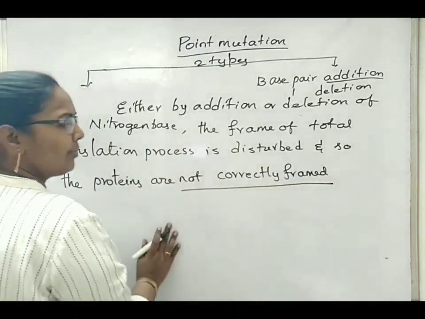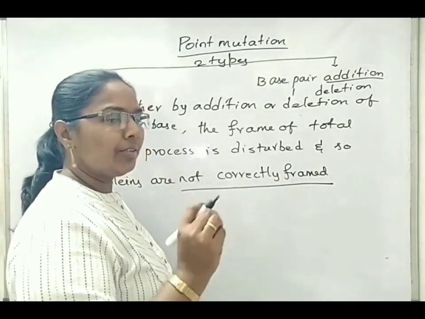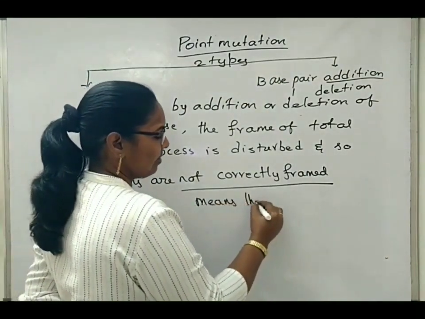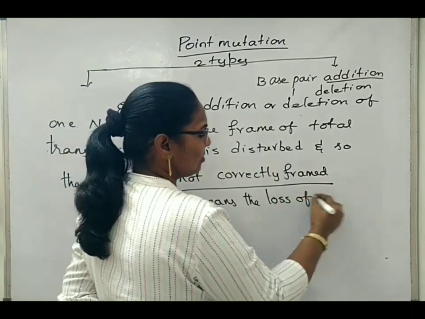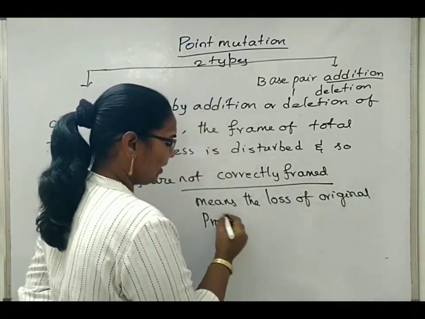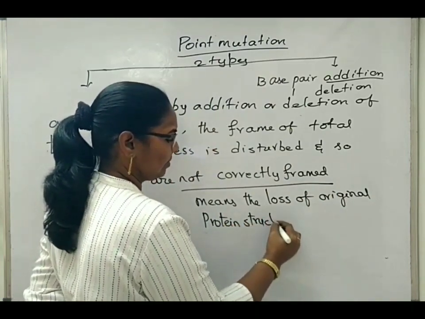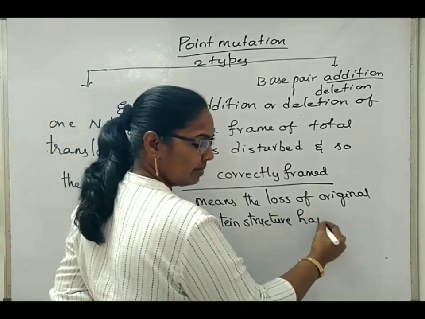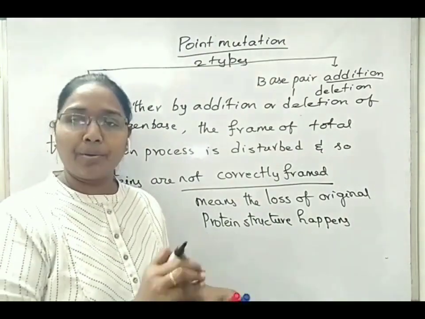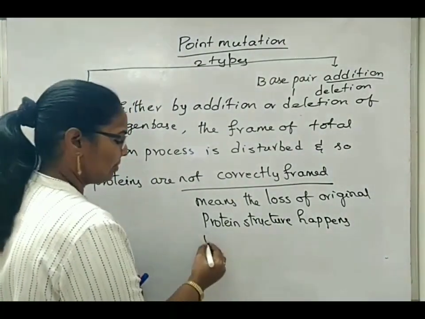What does it mean that they are not correctly framed? It means that the total protein structure will be lost. The loss of the original protein structure will be caused. When a protein has lost its original structure, obviously its functions also will be disturbed.